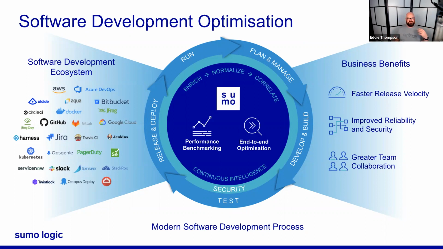But what we're looking to provide in that modern software development process is some benefits around performance benchmarking and end-to-end optimization. And what does that mean for the customer? Faster release velocities, improved reliability and security, and greater team collaboration.